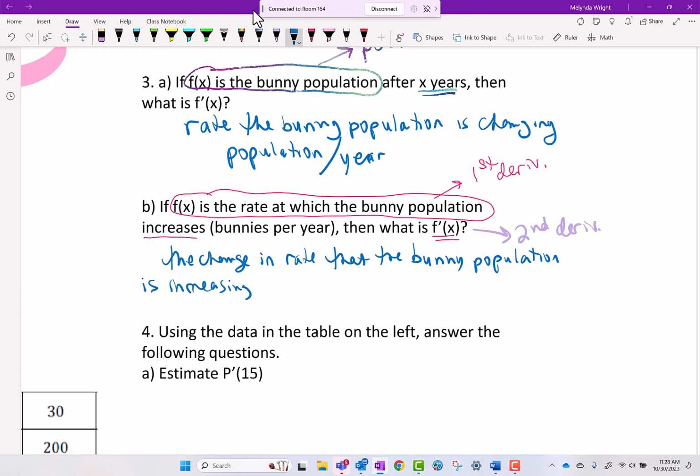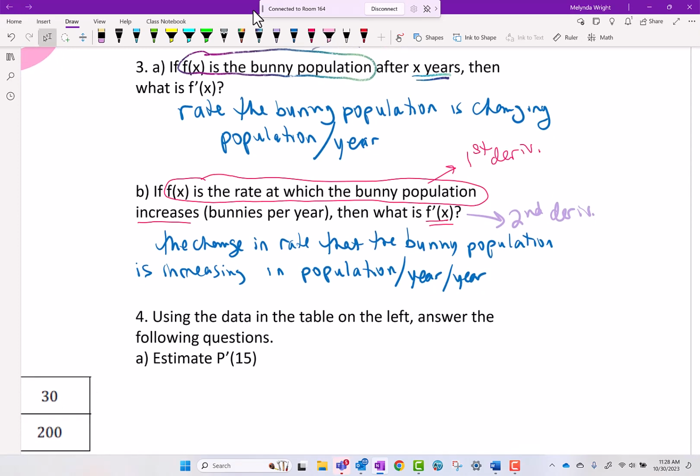So it would be the change in rate that the bunny population is increasing. Yep, you got it. And population, whatever number that is, population per year, which again, you can write as per year squared if you prefer. Okay, are we getting a little comfortable with the wording? Okay, great.